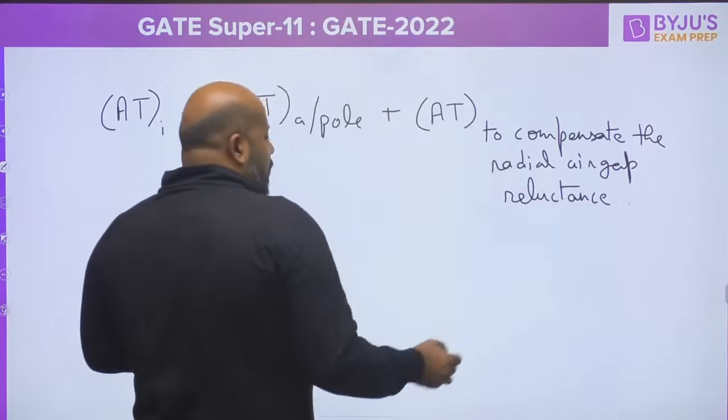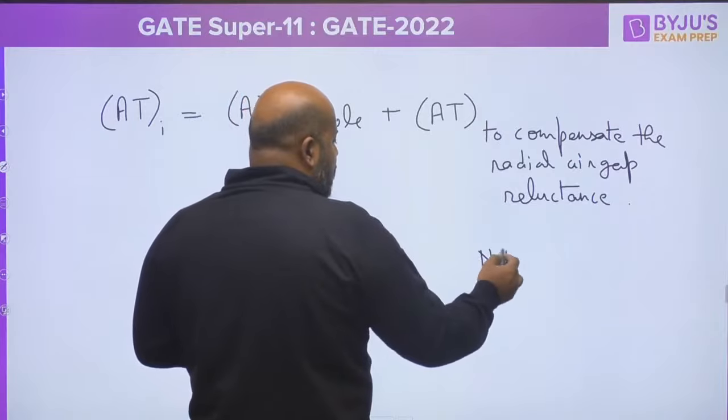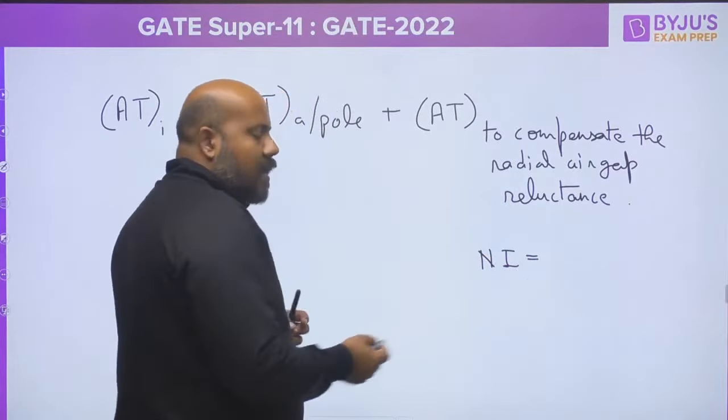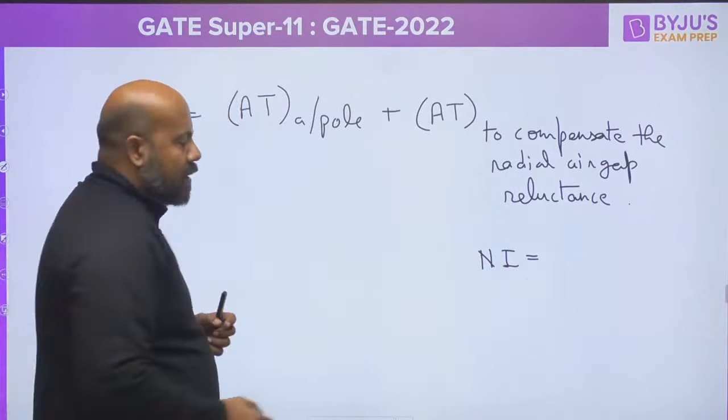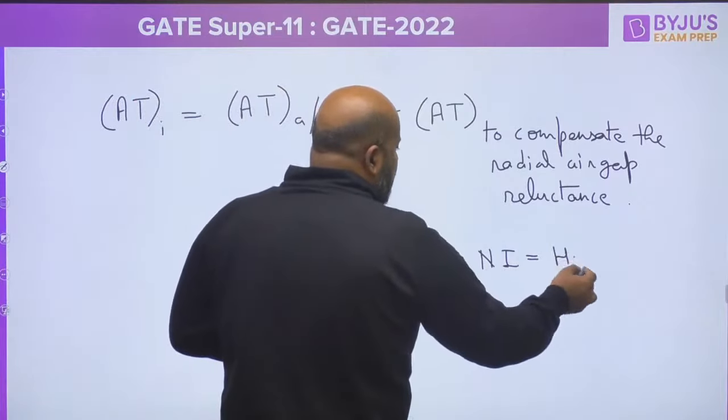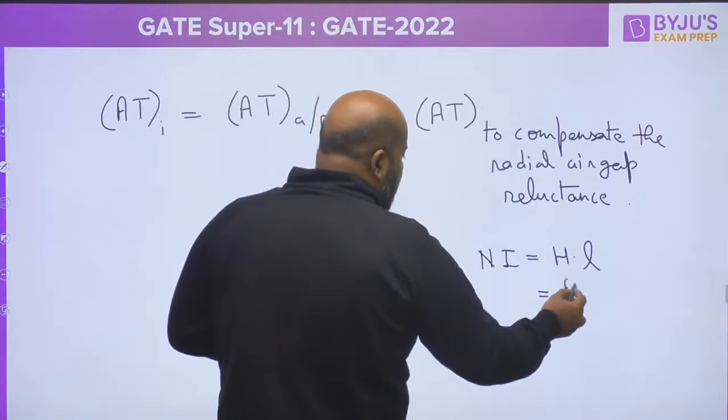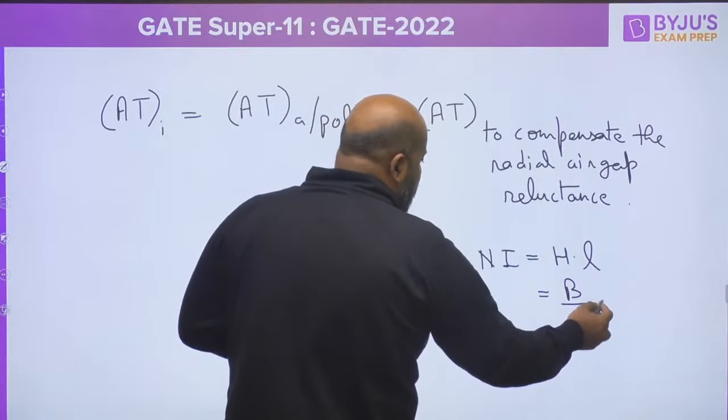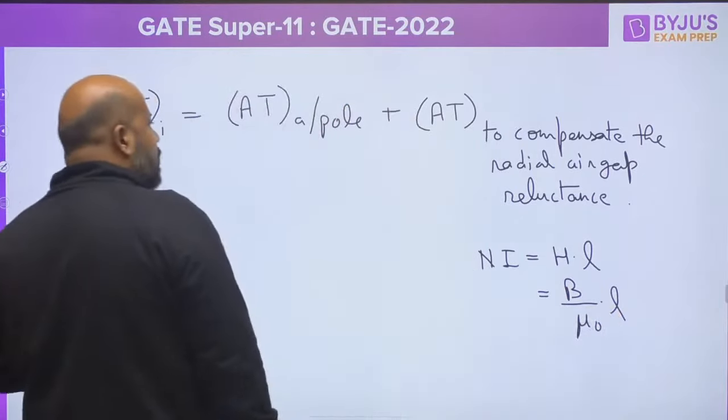Now you know that ampere turns is nothing but number of turns multiplied by current, and with the help of the ampere circuital law you know that N into I you can write as H into L. H you can write as B upon mu naught into L because it is air gap, so mu R is 1.